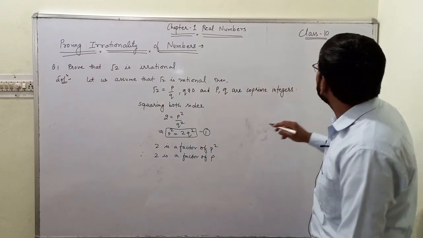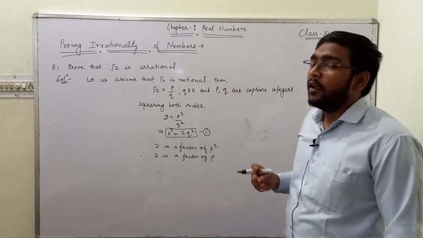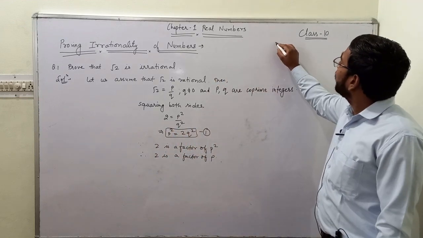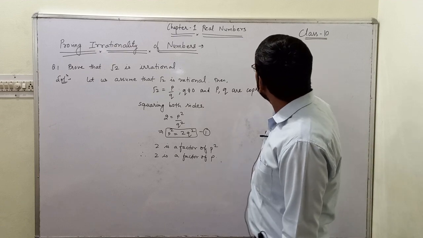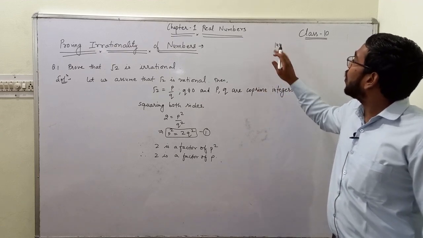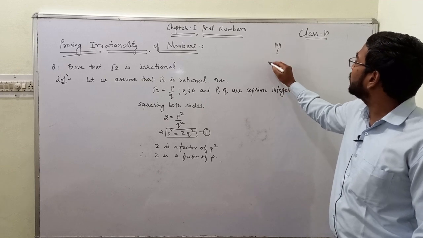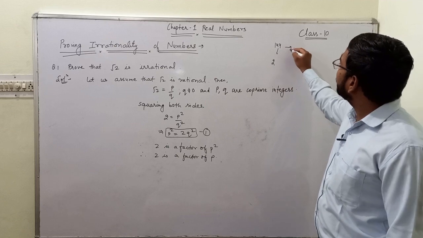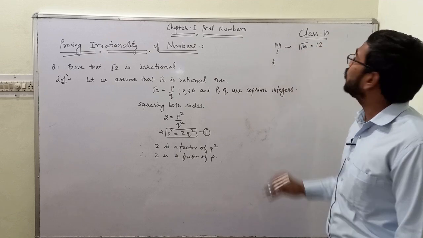Now, let us take an example of why I have written this statement. If we have any number, let us assume 144. There are many factors of 144. Let us, for instance, take 2. And if I take the square root of 144, that will be equal to 12.